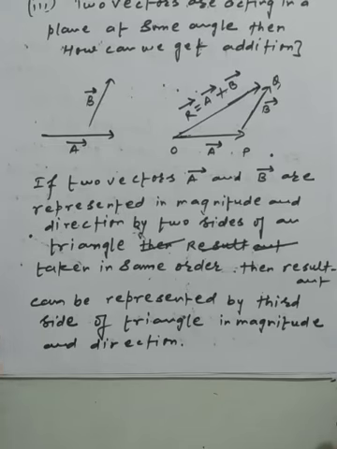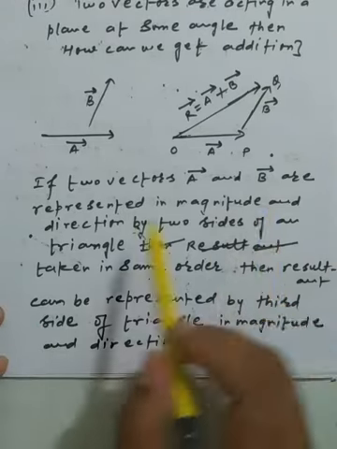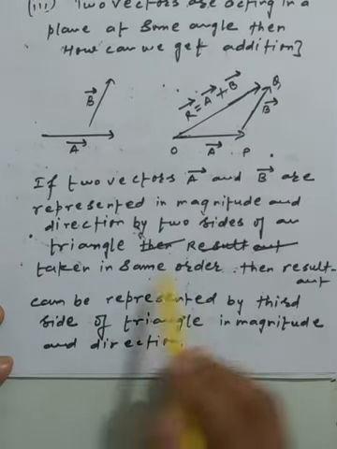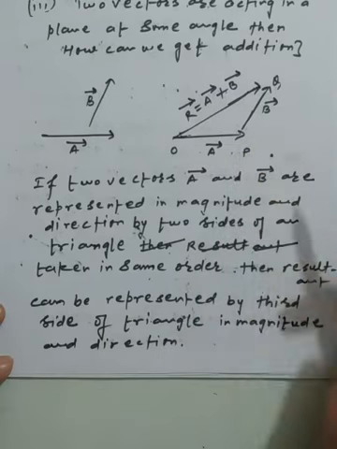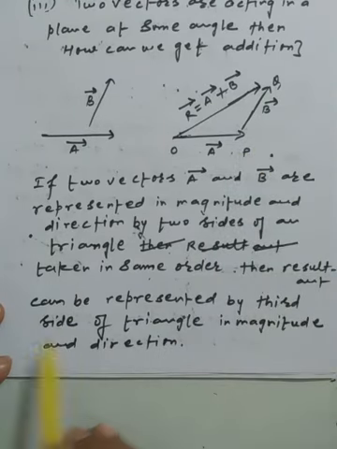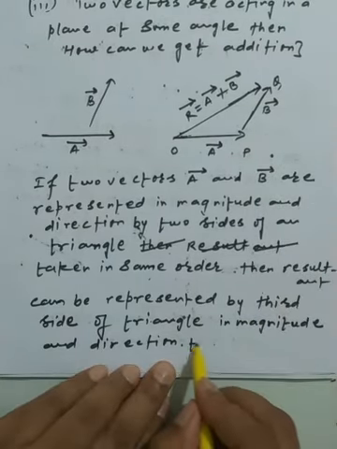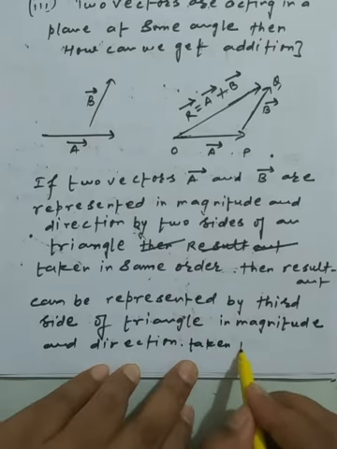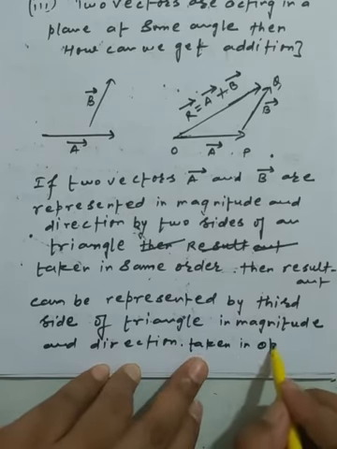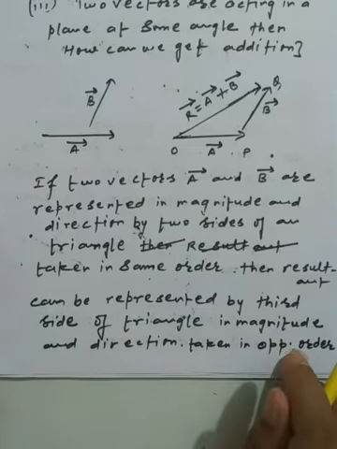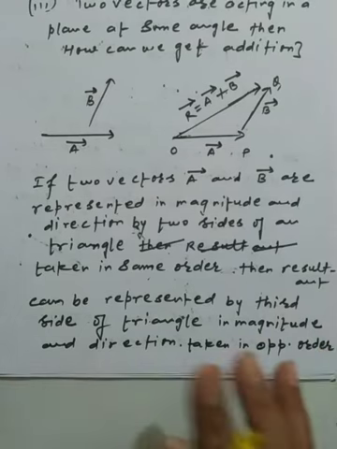By the help of the diagram we are stating this rule: if two vectors a and b are represented in magnitude and direction by the two sides of a triangle taken in the same order, then the resultant can be represented by the third side of the triangle in magnitude and direction taken in opposite order. So this is the triangle law of vector addition, and it is a very general rule we have.